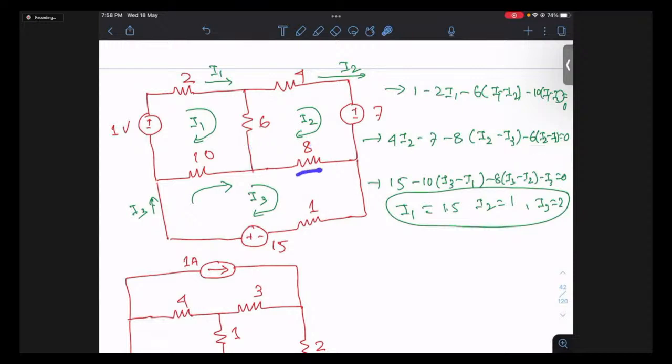And if you write the 8 ohms for the second mesh, you get I2 minus I3. If you write this for the third mesh, you get I3 minus I2. So if you're writing for mesh 3, I3 will always come first. For mesh 2, I2 will always come first. For mesh 1, I1 will always come first. So this is what the solution is.